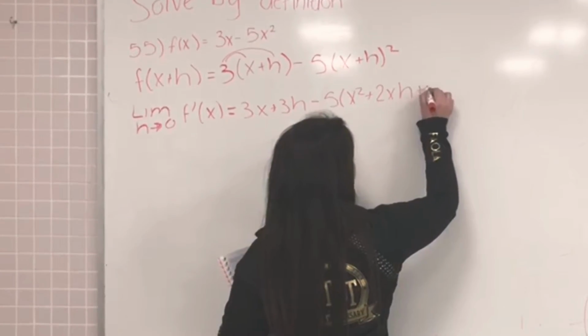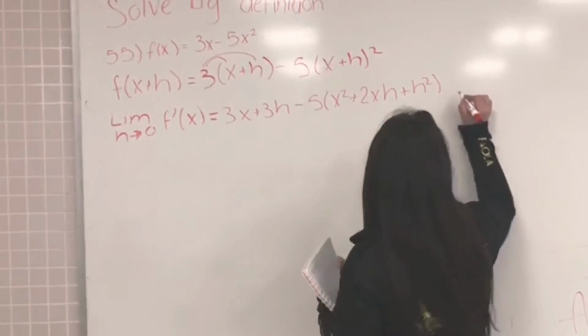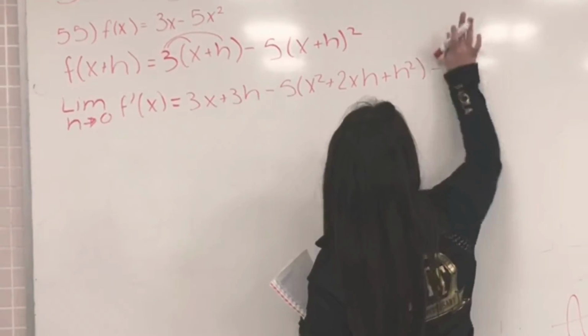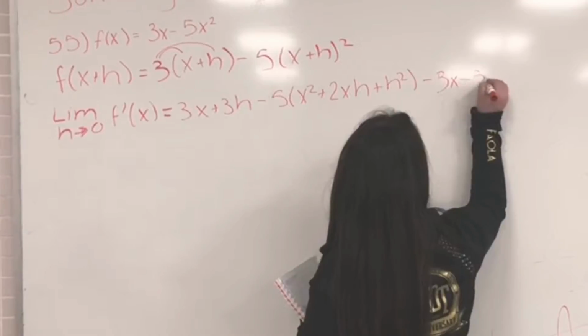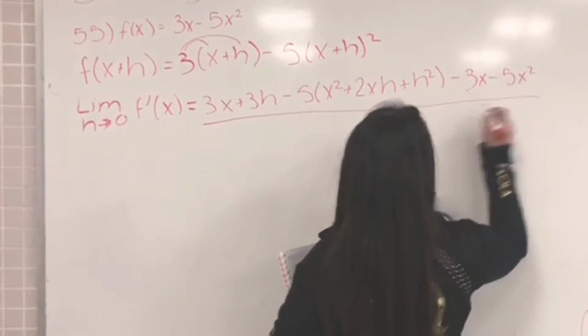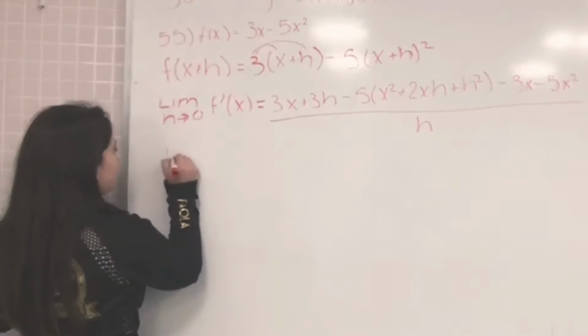And then we're going to subtract the original function, that is 3x minus 5x squared, and divided all of it by h. Then we're going to start solving.